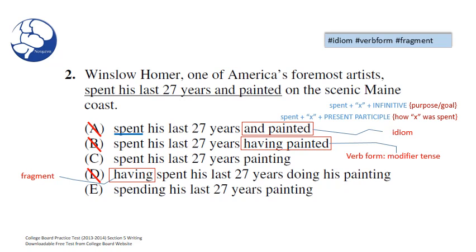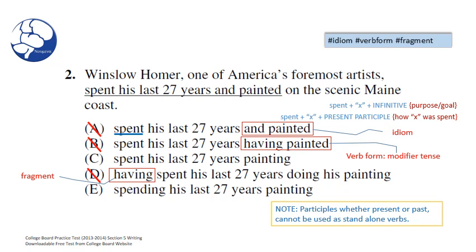Well, this particular verb form, the present participle, modifies the sentence and takes away a verb. We have no verb. So it leaves us with a fragment. And if you look at E, spending, also present participle form, we don't have a verb in E either. So we have another fragment in E. So grammatically, we've eliminated A, B, D, and E, leaving us with choice C.